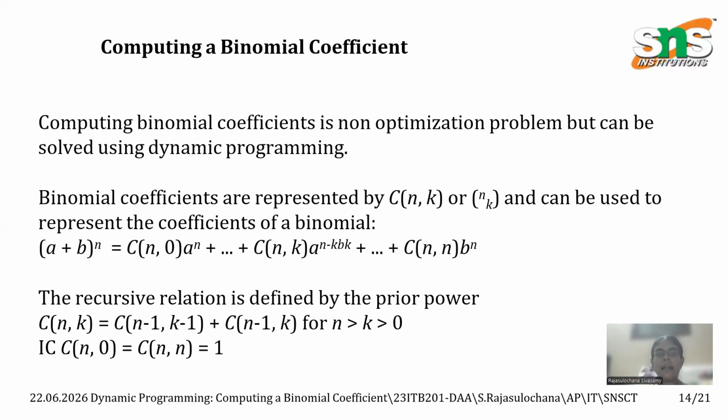So let us see how to calculate the binomial coefficient. The formula to calculate binomial coefficient is C of n comma k equal to C of n comma 0 into a power n plus C of n comma 1 into a power 1, which continues till C of n comma n into b power n.